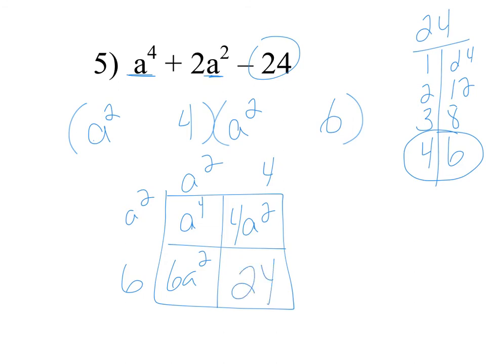Okay, so we notice that when I add these two together, I get 10. Well, that's not a 2. But what we do notice is this 24 is negative. It does have to be negative, so you know that one of them has to be negative for this to work. A negative times a positive is your negative.